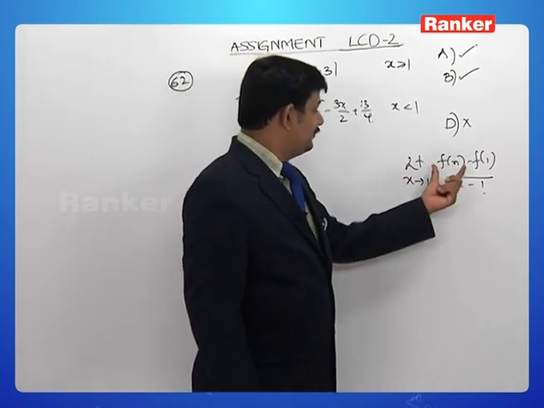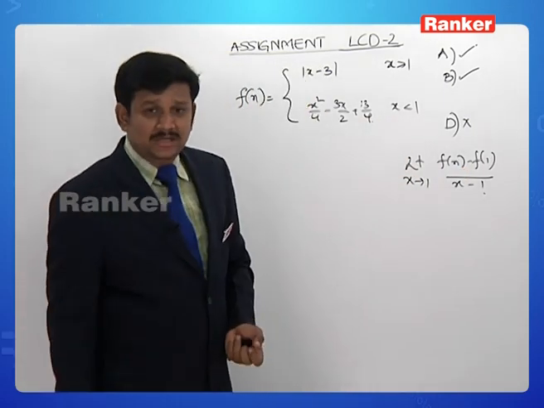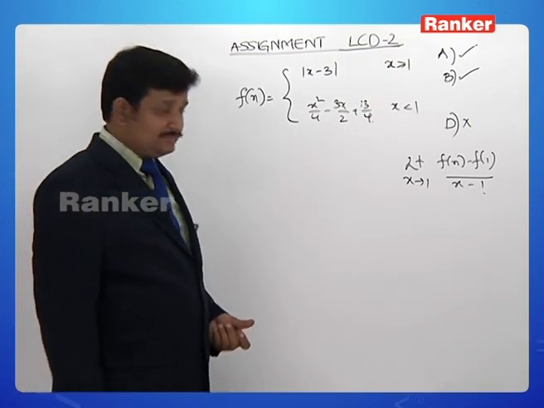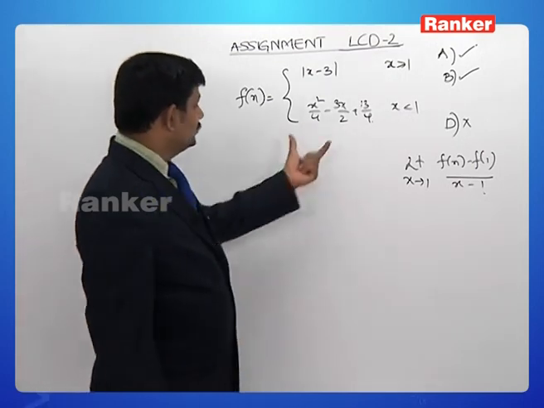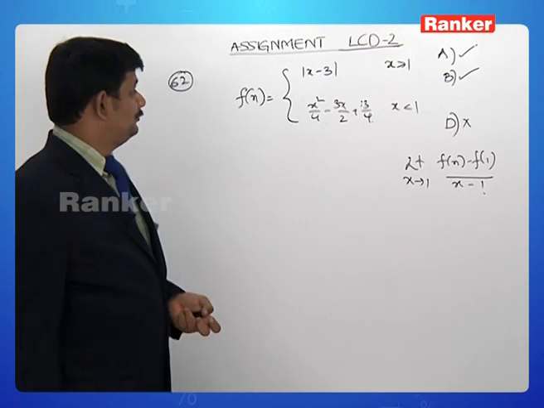And to know what is f of x, we need to evaluate left hand derivative and right hand derivative separately. But here, because the function is continuous, we already checked continuity at x equal to 1. And also, in the piecewise definition, we are involved with polynomials.